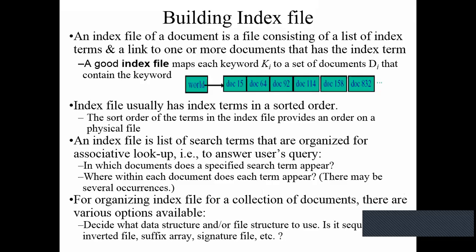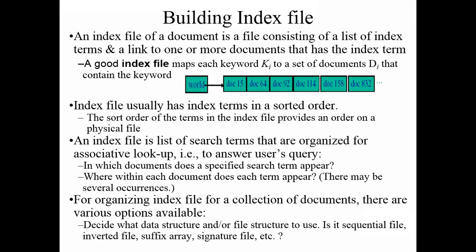And you see each of the indexing structures or index files. The basic thing is when we are building the index file, if you are using a good index file, it is trying to organize all the document collection using the index term.